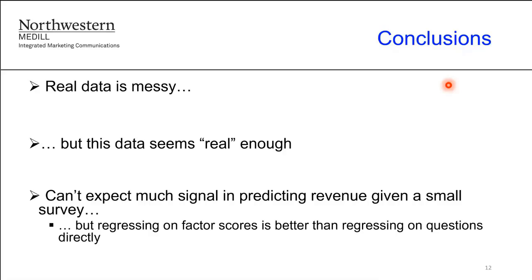For example, in this lecture, we deal with this default example, and this data is real enough. In the original regression, we saw that the model is not significant, and there are some multicollinearity issues around the X variables.